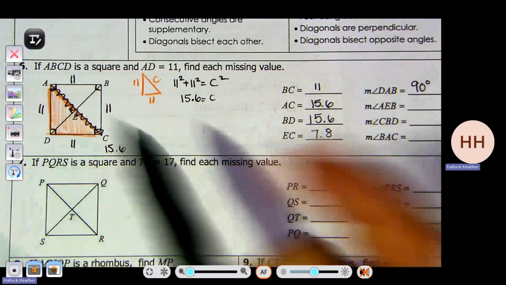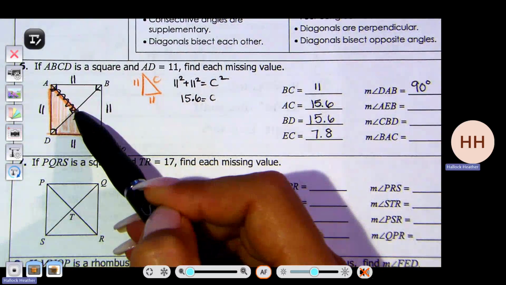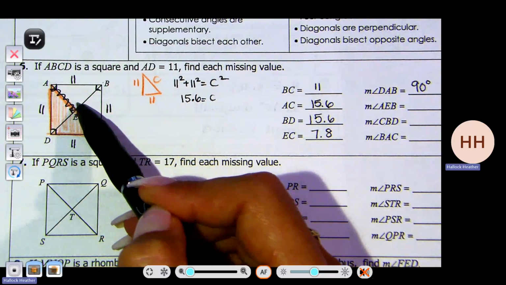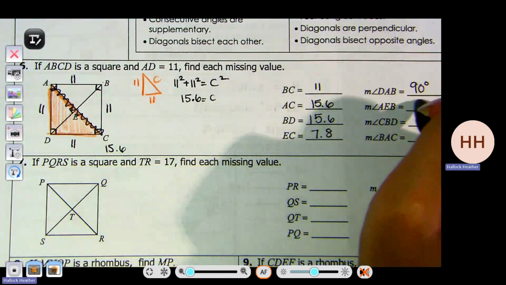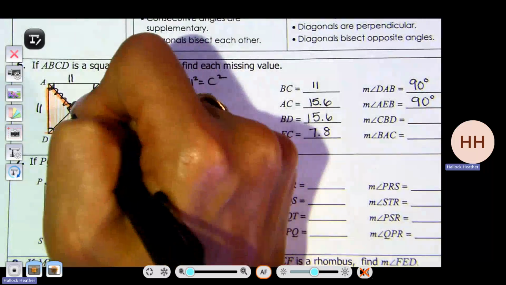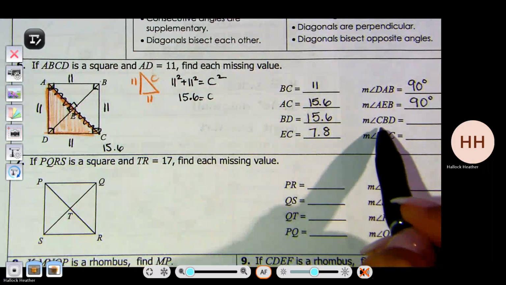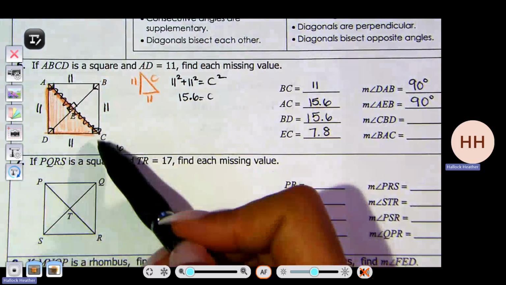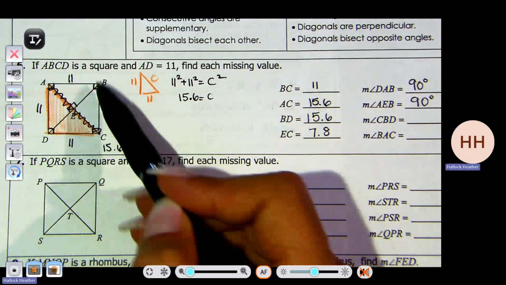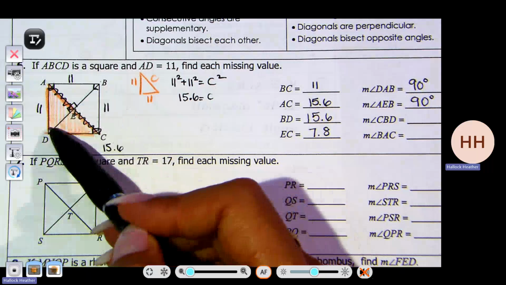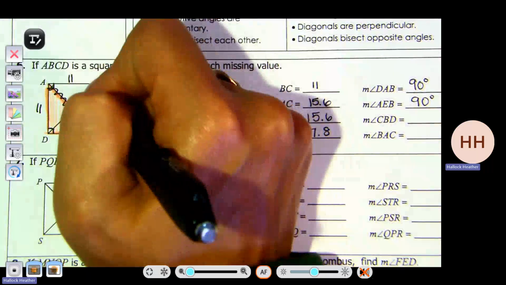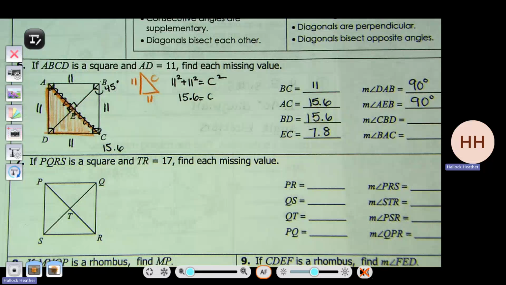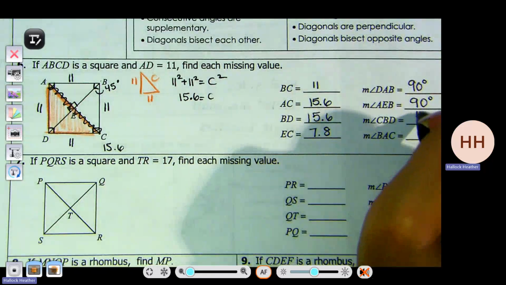The next one says A to E to B. So how much is E? 90, because the diagonals crisscross, making 90 degrees in the center. What would C to B to D be? 45, because it wants to know not all of B, but half of B, because it's cut across to D. So this side is 45 degrees. The other side is also 45 degrees because it's an angle bisector.